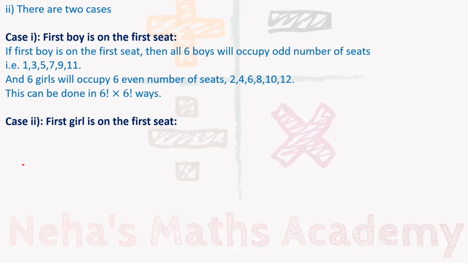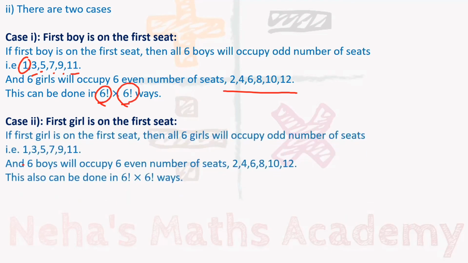And as we want alternate seats, so 1, 3, 5, 7, 9, 11, these all seats will be occupied by boys. And 6 girls will occupy 6 even places: 2, 4, 6, 8, 10, 12. So this can be done in 6 factorial into 6 factorial. 6 factorial for 6 boys and 6 factorial for 6 girls.